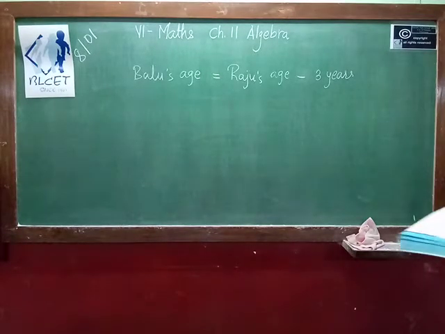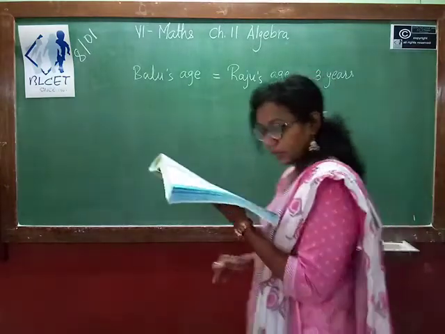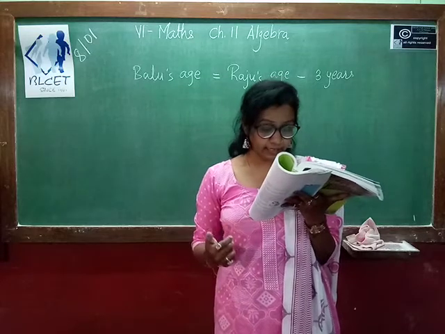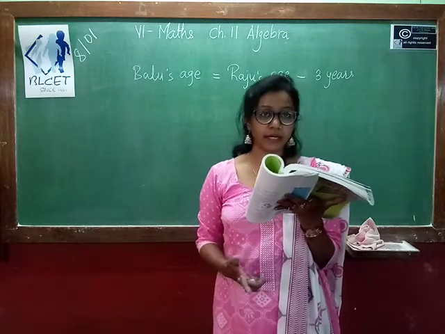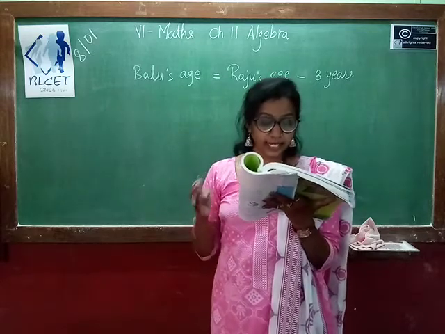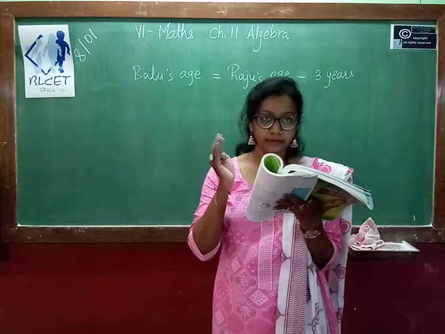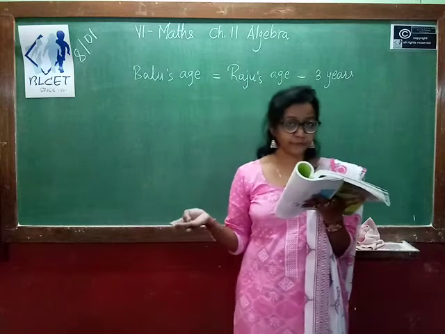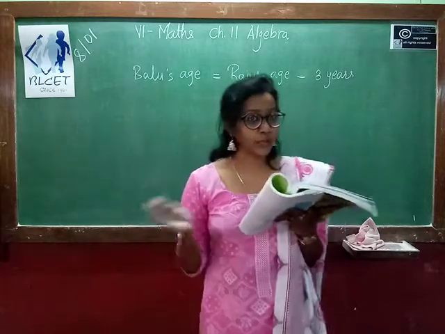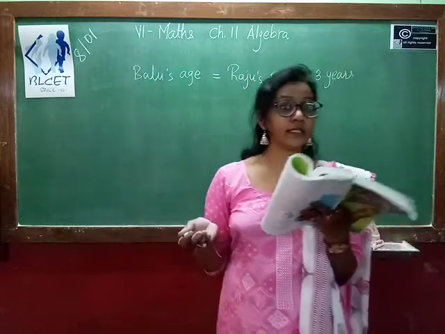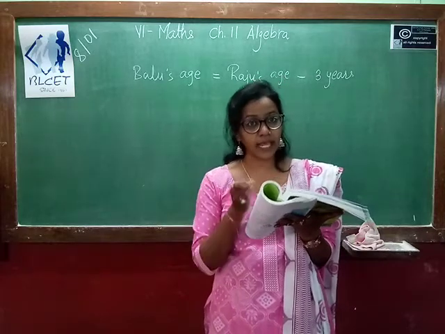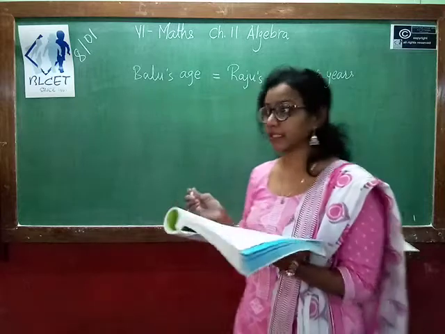Now see one more situation. Raju and Balu are brothers and Balu is younger than Raju by 3 years. This means the age of Balu is less compared to the age of Raju by 3 years. Suppose Raju is 12 years old, so Balu is 3 years younger, meaning you have to subtract that much from Raju's age.